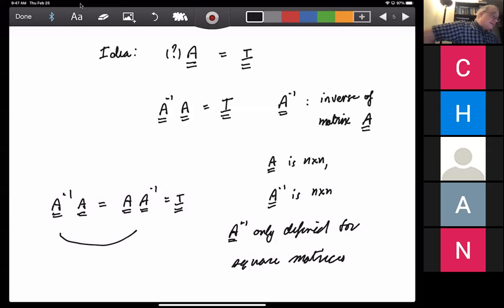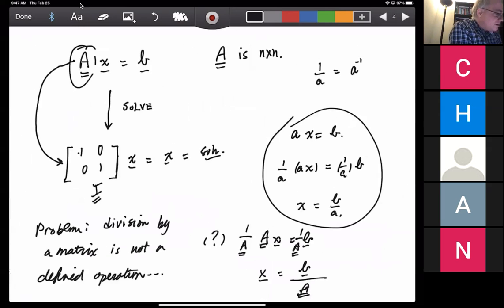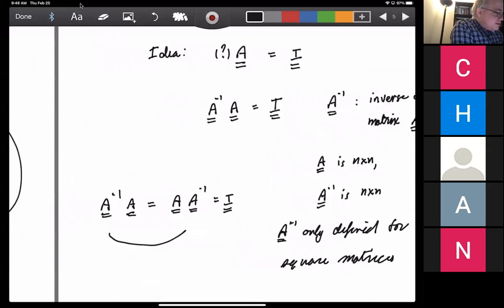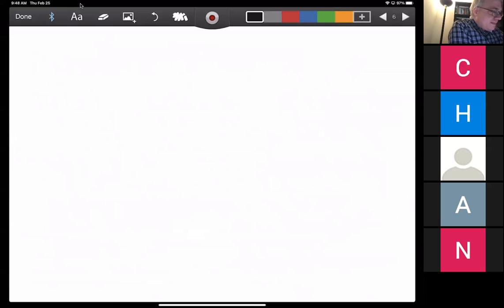Okay, and if you think about what our motivation was here, that actually gives you a way of thinking about computing the inverse for a matrix.